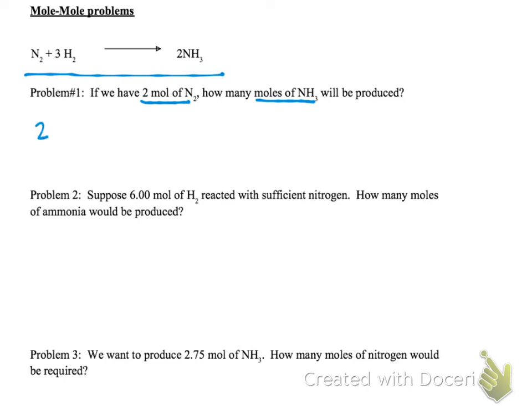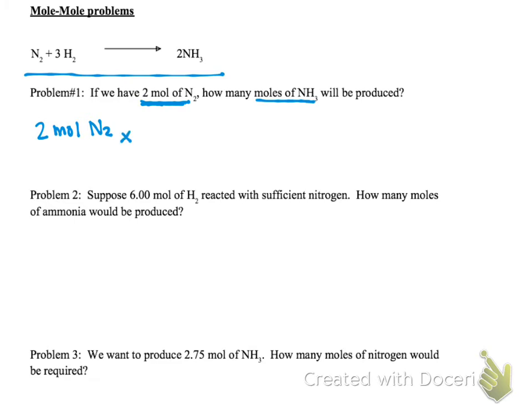So you have 2 moles N2. Step 2 of solving stoichiometry was to convert grams to moles if needed. This is already in moles, so we don't have to do that step. And the third step is use molar ratios to solve problems. So we need to use a mole ratio to convert moles of N2 to moles of NH3.